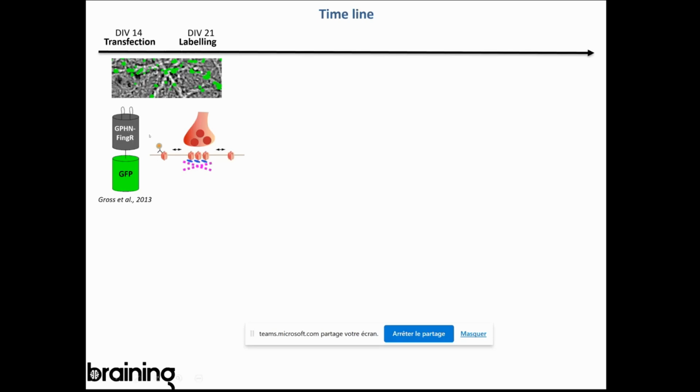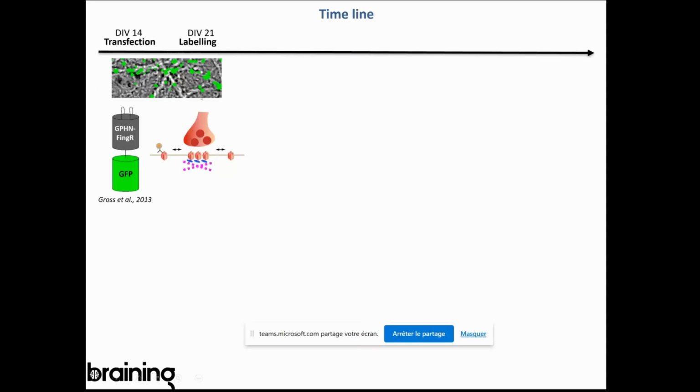So concerning inhibitory synapses, we use this marker, and the neurons go back to the incubator, and we wait 1 more week for the Gephyrin-FingR-GFP to get expressed and label the inhibitory synapse.